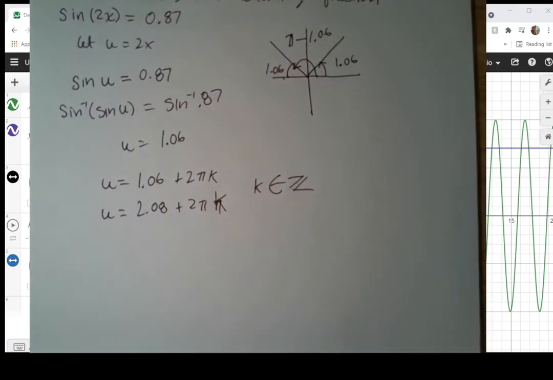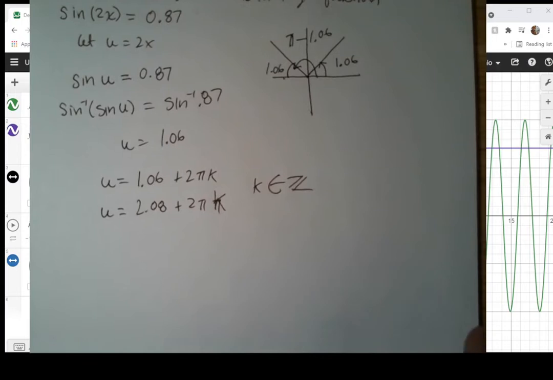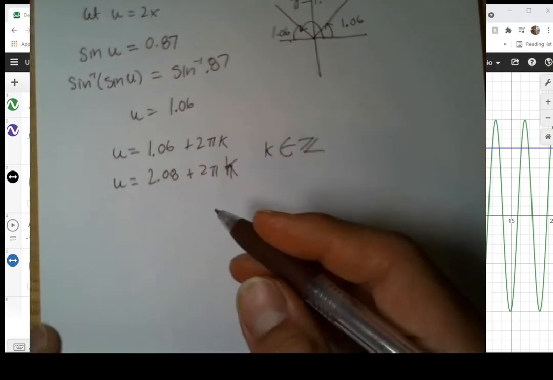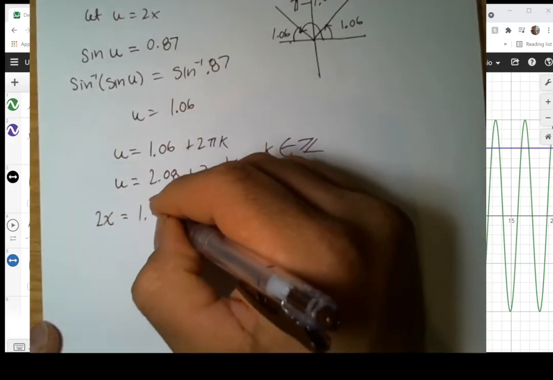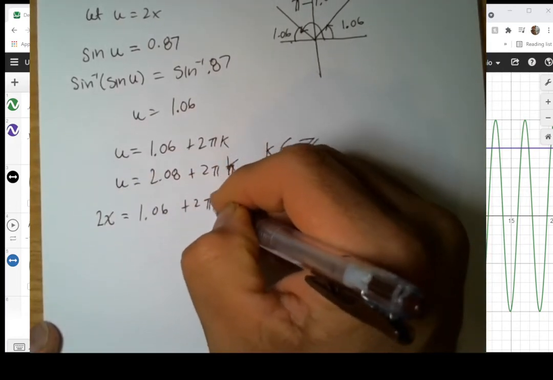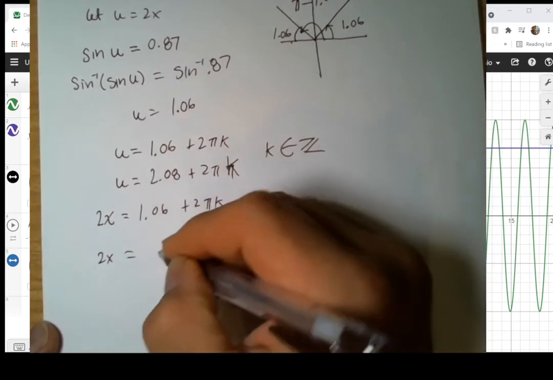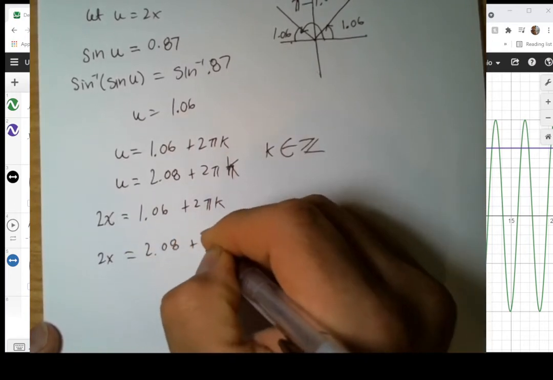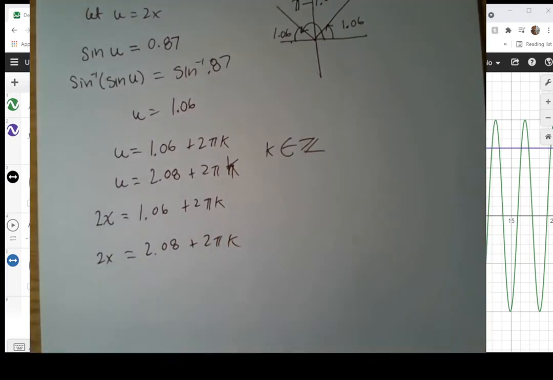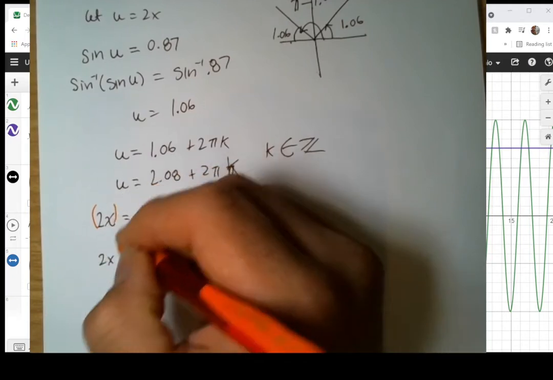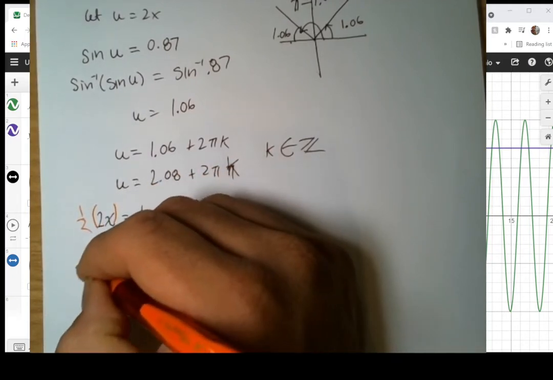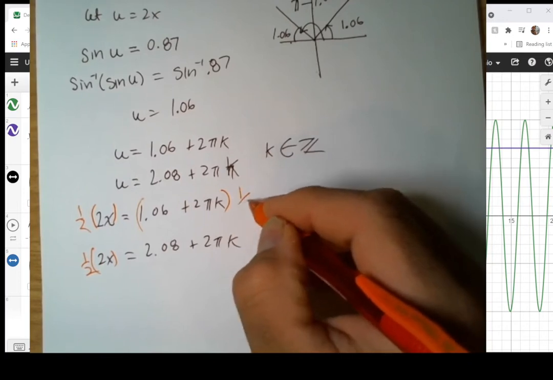All right, so I solved for u, but what I was asked to do, I have the variable x, so let's start back substituting here. So here we'll have 2x equals 1.06 plus 2 pi k, and then 2x equals 2.08 plus 2 pi k. All right, and let's divide or multiply both sides by 1/2, or divide everything by 2.